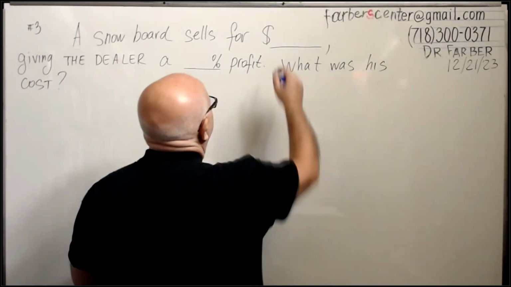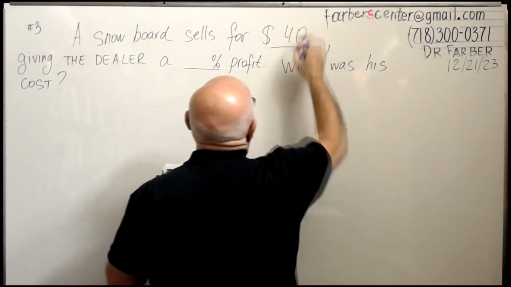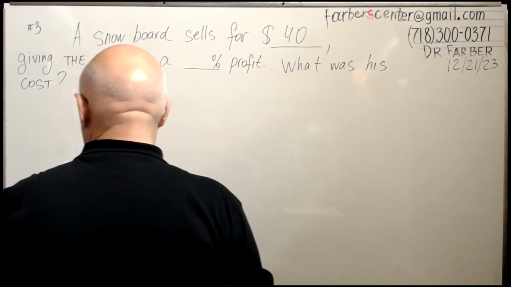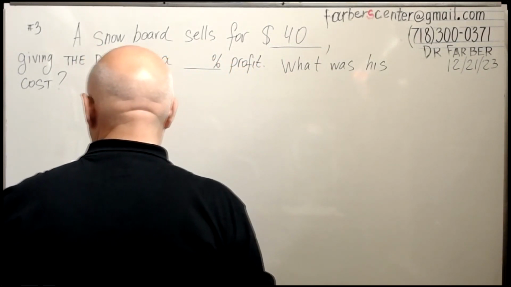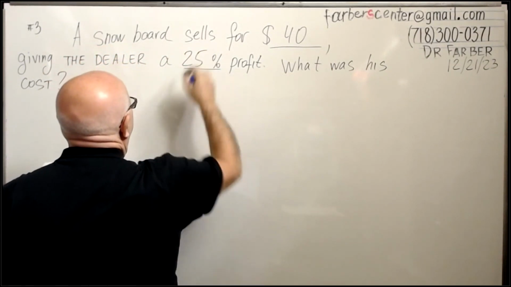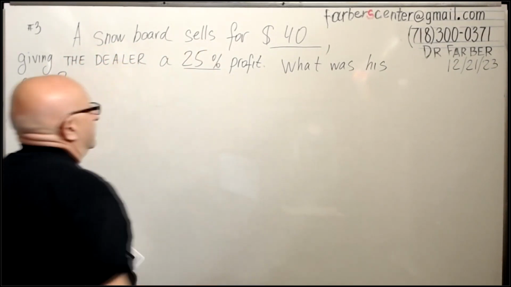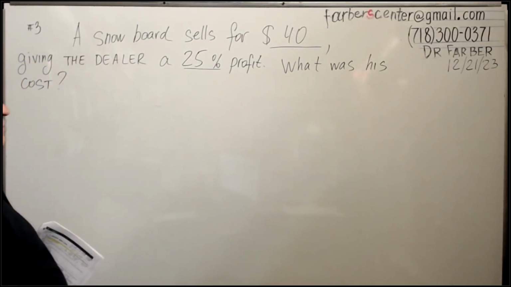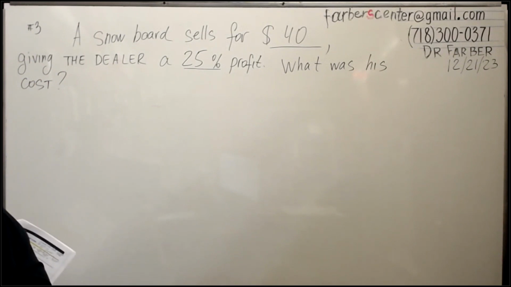For instance, for $40 and 25% of profit. I'll give you a couple of days to give you a chance to practice at home with the same kind of exercises.